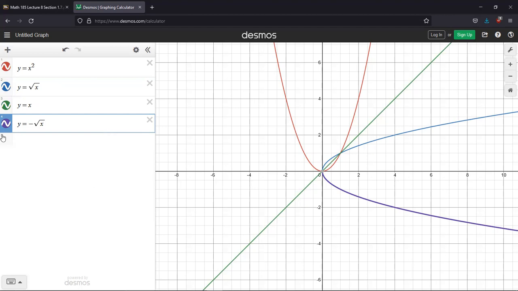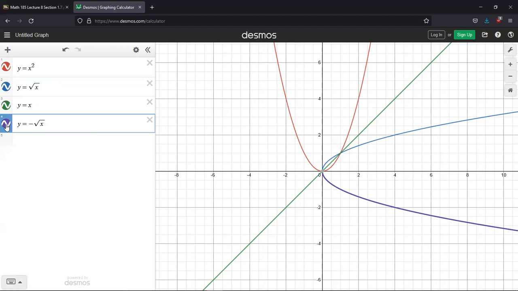Now, because the x squared graph is not one-to-one, how they make the square root graph a function is they basically lop off the bottom half. And then that way, when they graph the inverse, you get something that is itself a function. Because if you flip over the whole thing, you end up with this sideways U graph. And if you put a vertical line there, it will fail the vertical line test and not be a function.